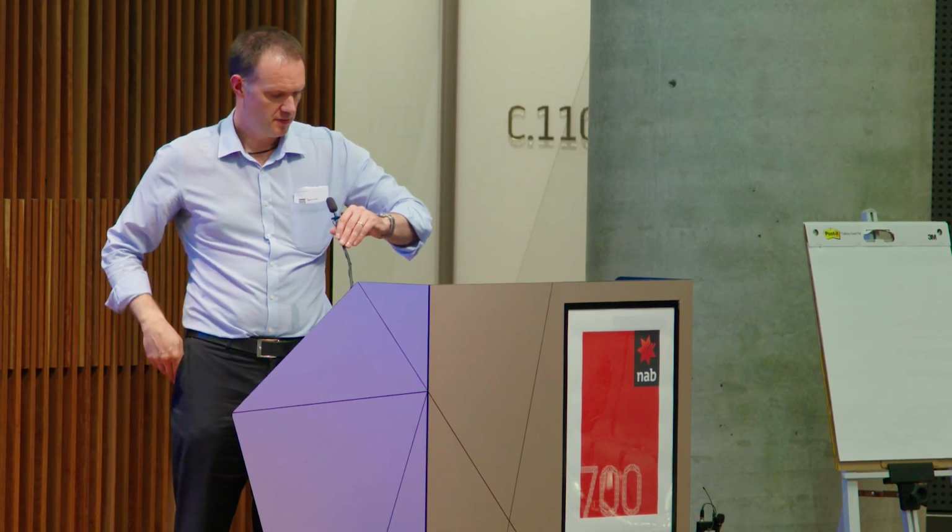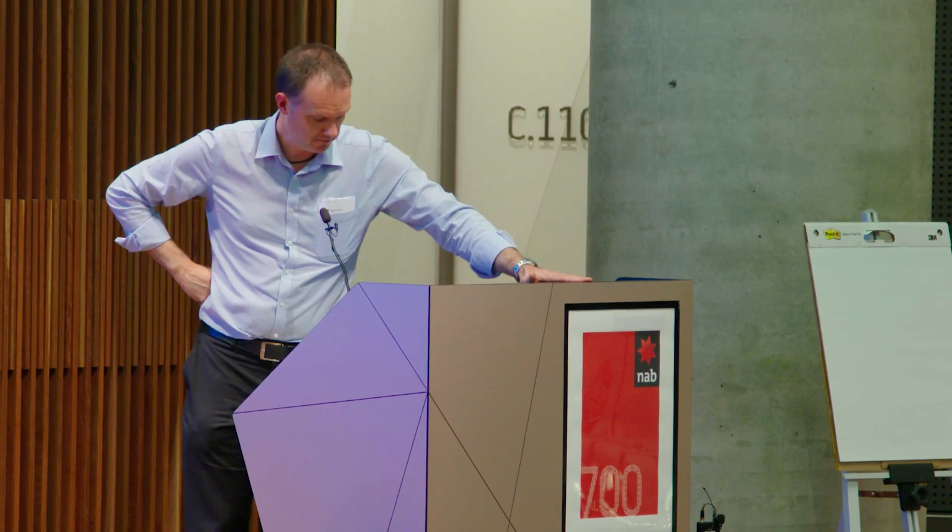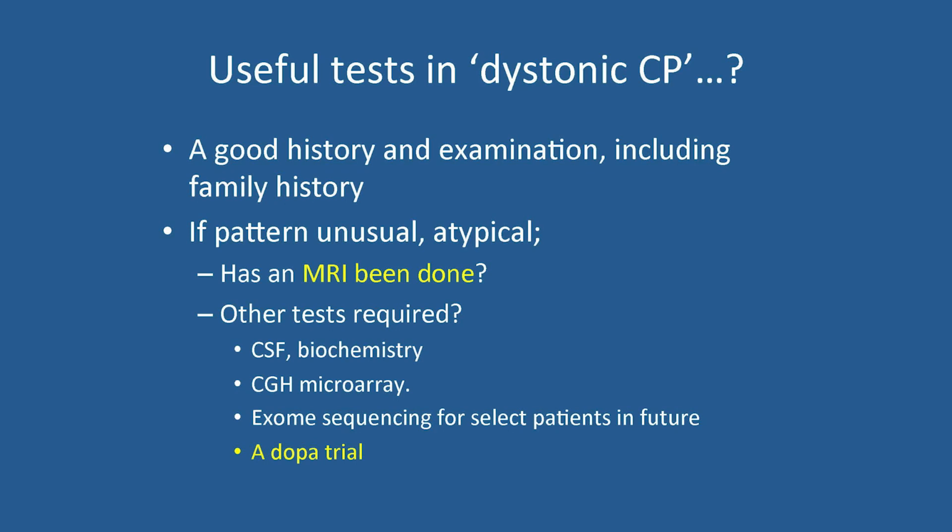So moving to just the end of the talk, so useful tests, well, a good history and examination, including family history. If the pattern's unusual or atypical, I suppose the first question is, has an MRI brain been done? Does it show an injury, or is it normal? Because if it's normal, then I think you need to keep your mind open to genetic or alternative explanations. Is it worth doing a CSF?